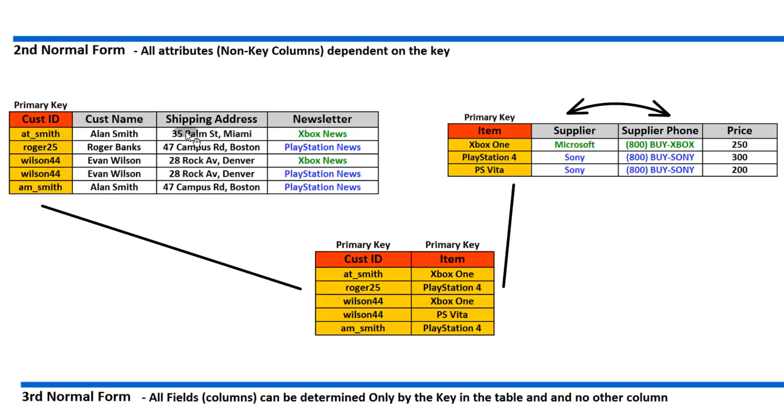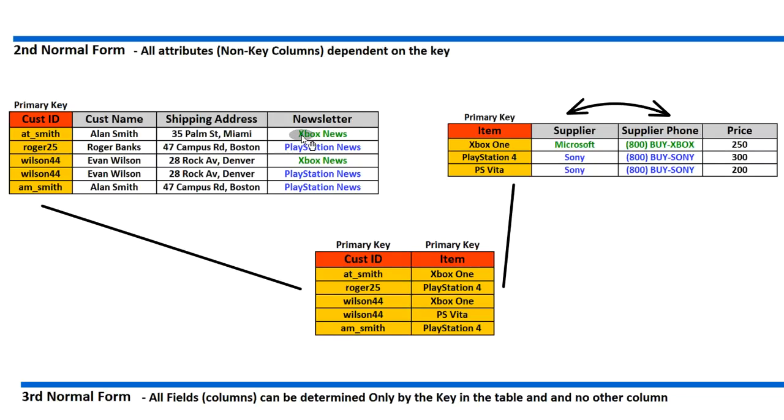How about here? Can I figure out, let's say, the address from the customer name? Well, Alan Smith is one customer name. There's an address from Miami. Let's see. Oh, there's another address from Boston. So I guess there is no one-to-one relationship. How about backwards? Campus Road goes with Roger Banks and goes with another, so I guess there isn't a one-to-one relationship between the name and the shipping address.